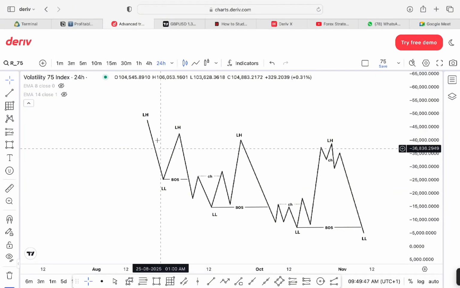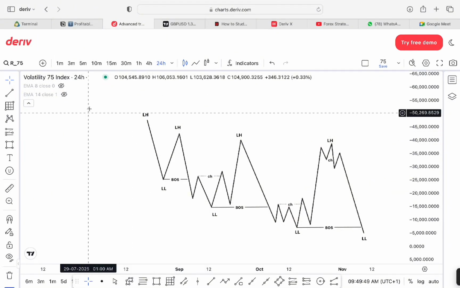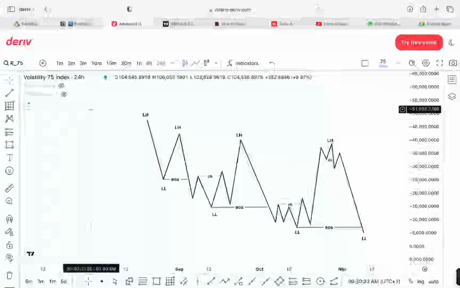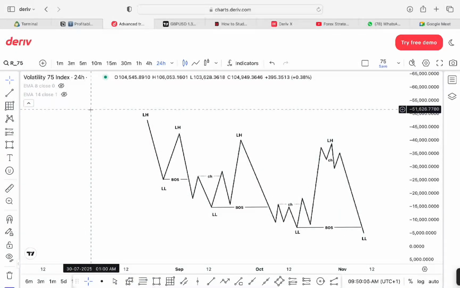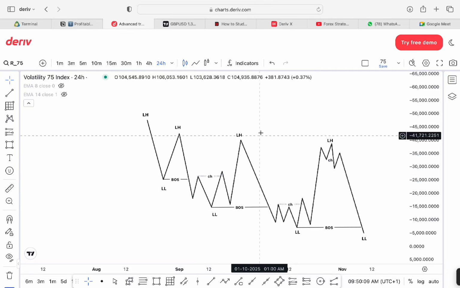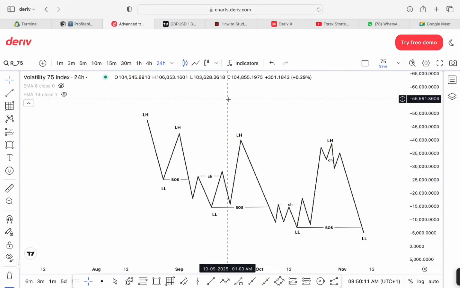Good. Now, like I said, there are basics of market structure. There are certain things that we cannot do without when we talk about market structure. That is break of structure and change of character. Where we have CH is change of character. And as the name implies, change of character means change in direction of price.